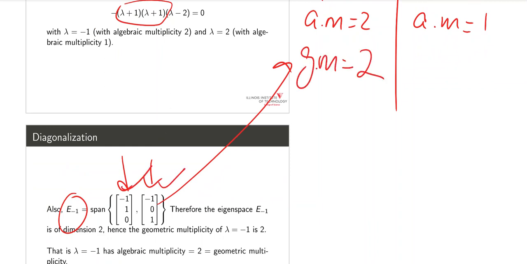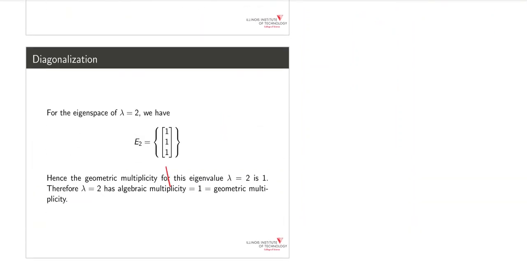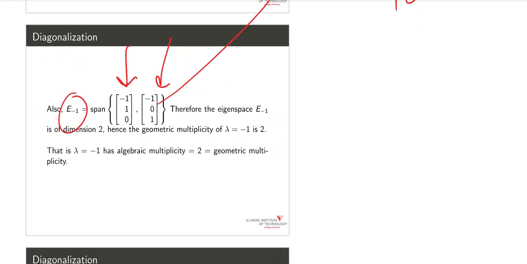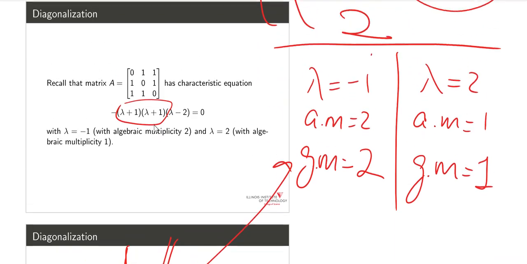You have 2 vectors right here. And if you compute this one, you also have 1 basis vector in this eigenspace. So taking these 2 and taking this as the third one, you actually have 3 independent eigenvectors to diagonalize the matrix.